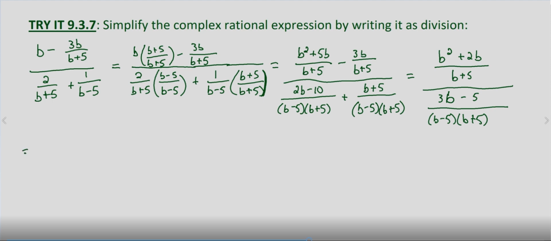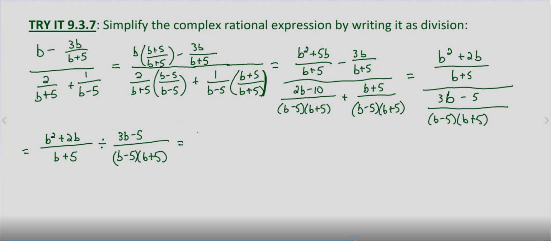Now finally, we can rewrite this as a division problem. So this is going to equal b squared plus 2b all over b plus 5 divided by 3b minus 5 over b minus 5 times b plus 5. And rewrite it as a product where we multiply by the reciprocal of what we're dividing by.